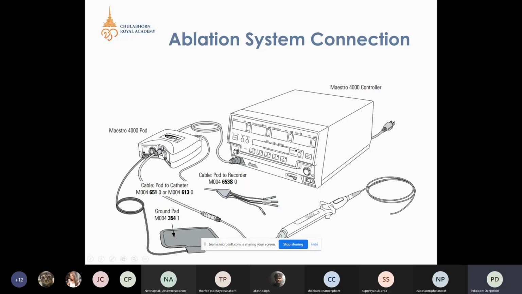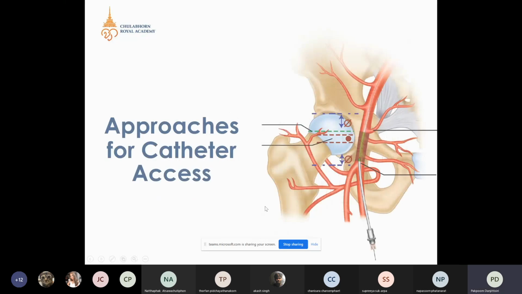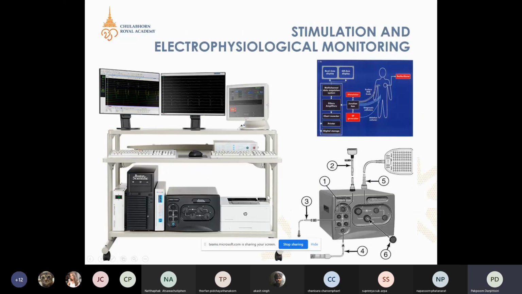This cable will connect to this port here, which is part of the ablation system, and then you can see the 4-pin here, right? The 4-pin here will be connected to the junction box here. That's it. All of the electrical signals from both the diagnostic catheters and the ablation catheter can show on the screen, I mean all of the catheters can show on the screen, just like this.